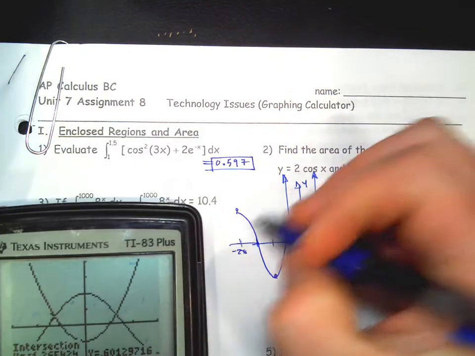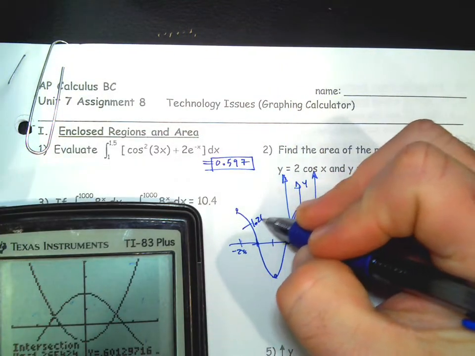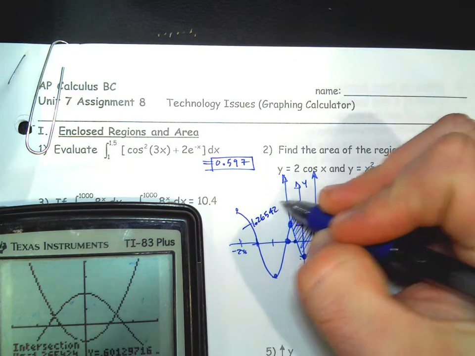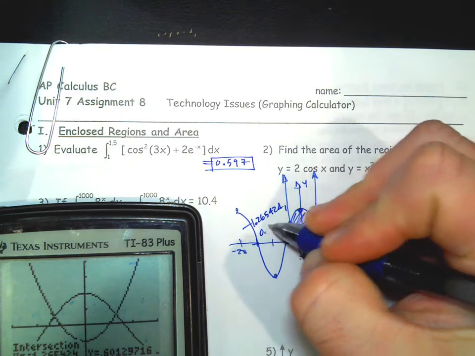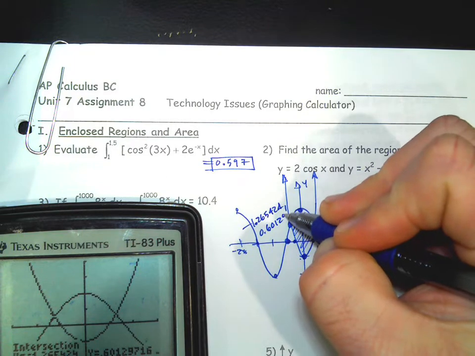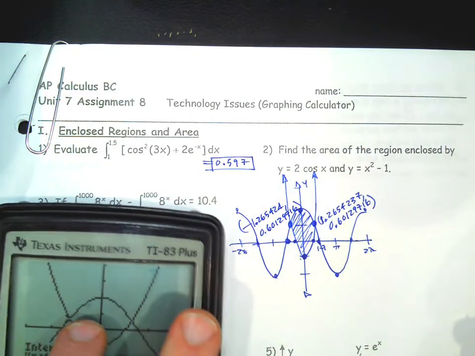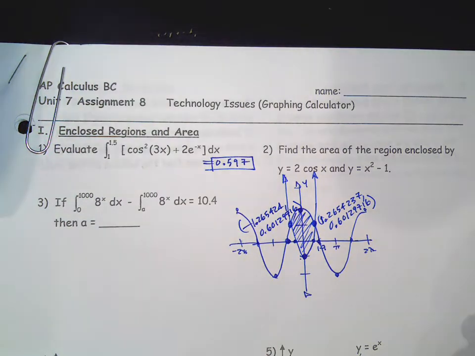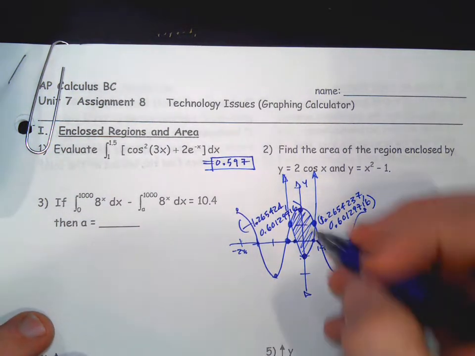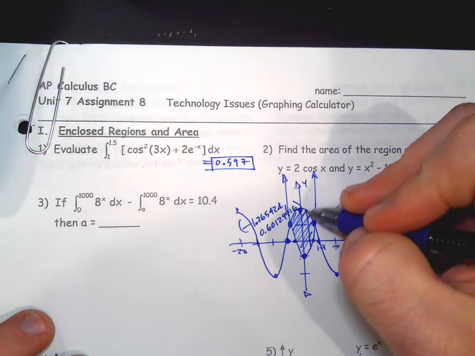There it is, negative 1.2654224, comma 0.60129716. Definitely looks symmetric.